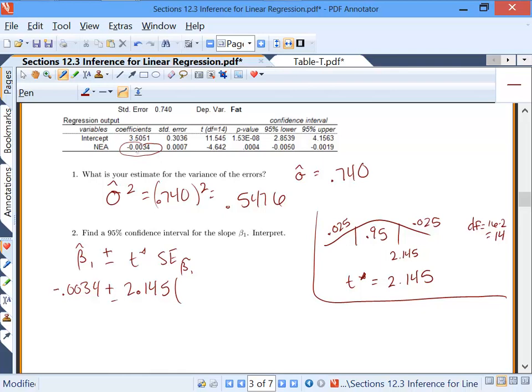Okay, so because we're dealing with the slope, here's the row for the NEA, so if my estimate is negative 0.0034, the standard error of that estimate is the number next to it. So standard error is 0.0007.